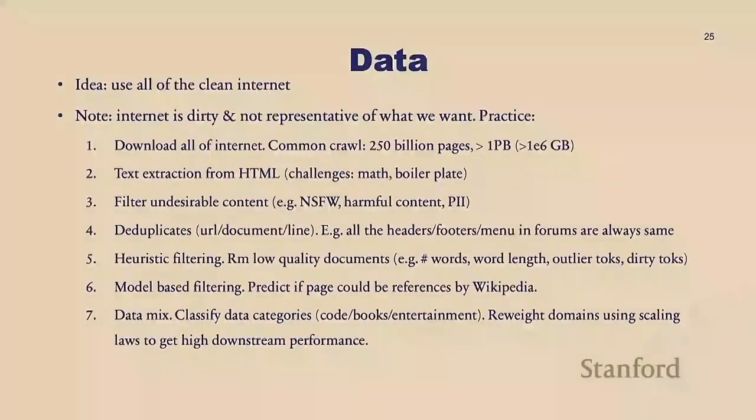So that's something that people usually say in a very hand-wavy way. If you train your model more on code, it helps reasoning. So you want to upweight the coding distribution because that helps for general language modeling skills. Books is usually also another one that people upweight. Entertainment, they usually downweight. So things like this.